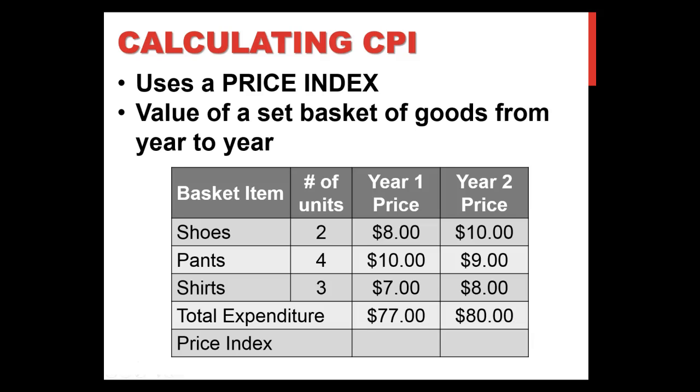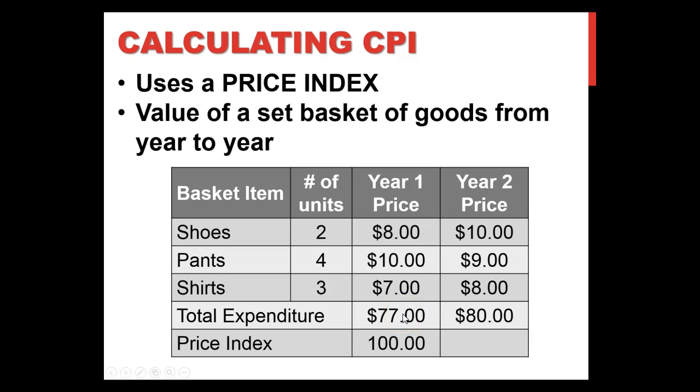To figure out the price index, I will take the cost of the basket in a given year and divide it by the base year and multiply by 100. In this case, we'll use year 1 as the base. So the price index for year 1 would be the cost of the basket, $77, divided by the base year price, $77, and multiply it by 100, in which case our price index is 100.